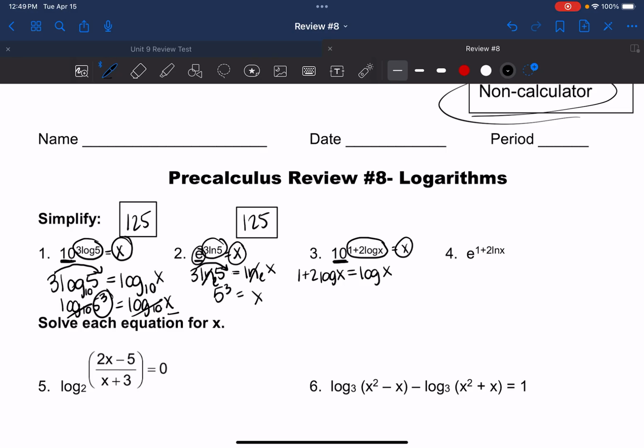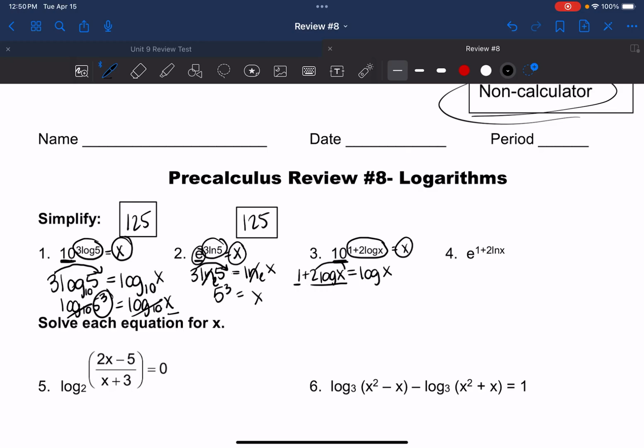All right, so remember here that both this piece and this piece were both 10 raised to that power. Keep that in mind whenever I'm dealing with these two pieces.